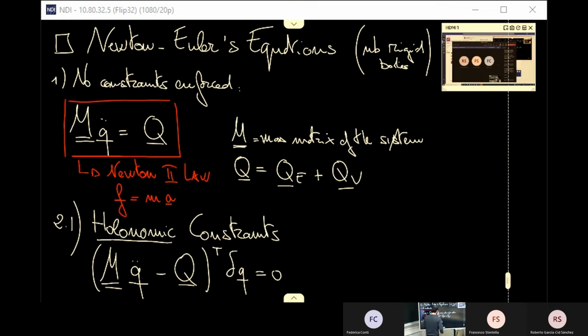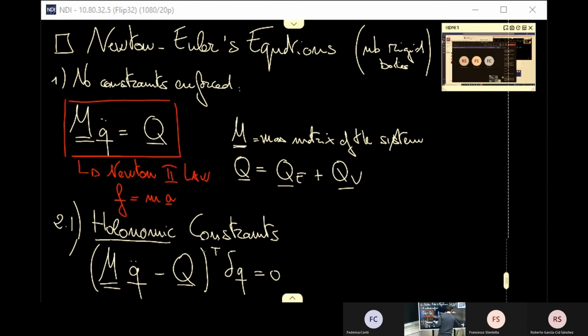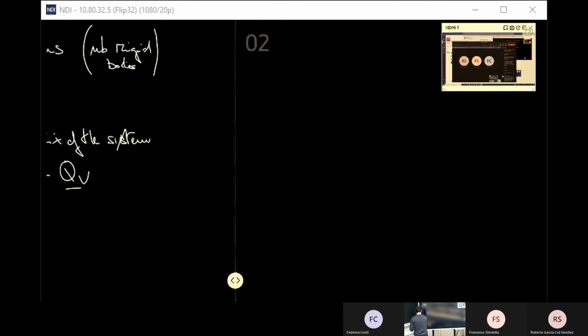Then what we do is to take advantage of the fact that we are dealing with holonomic constraints, and therefore we can do the following partition.